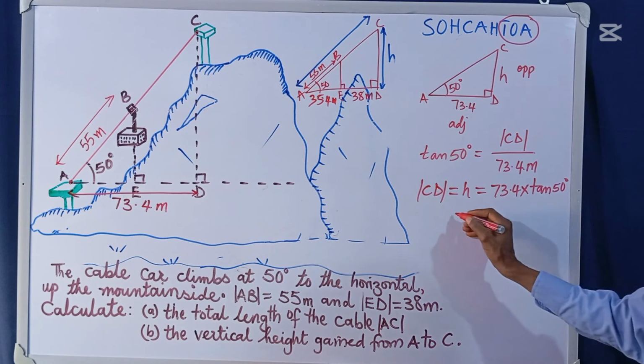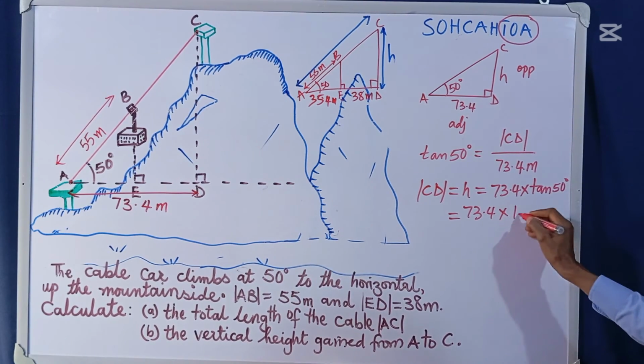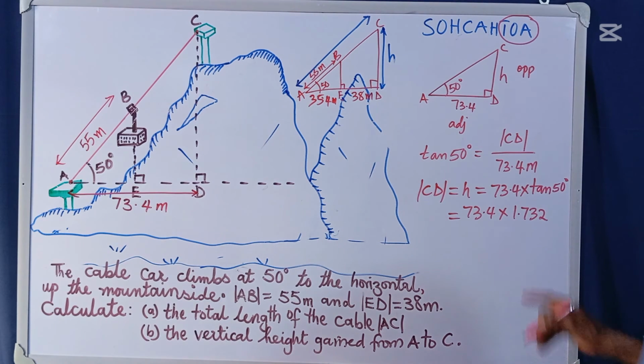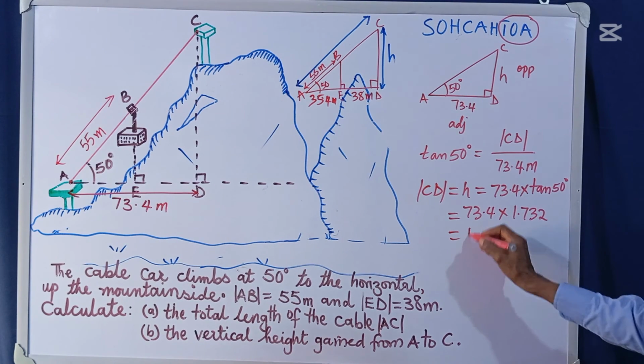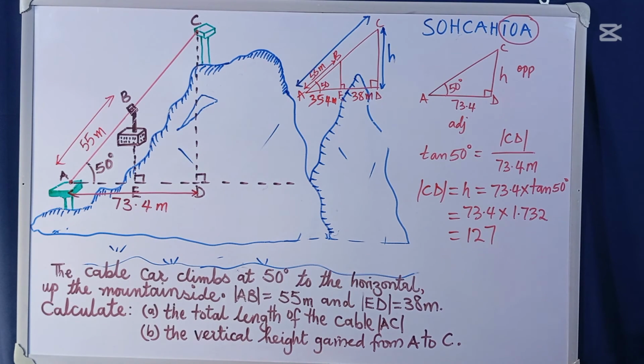So this will become 73.4 times 1.732, since tan 50 degree is 1.732. Very good. So if you multiply this, what is going to be the total answer? 127.1288 meter.